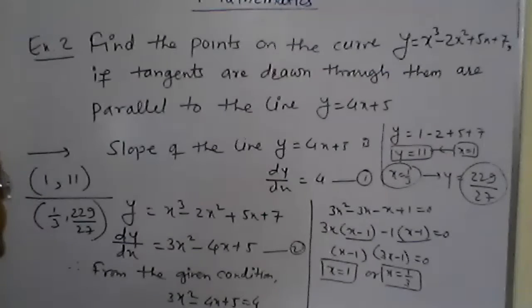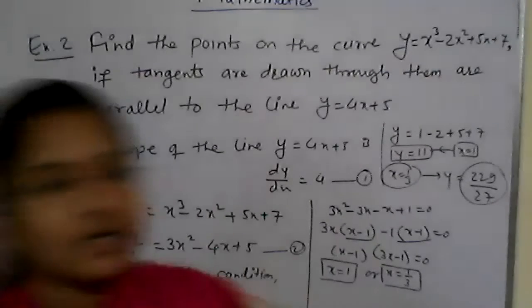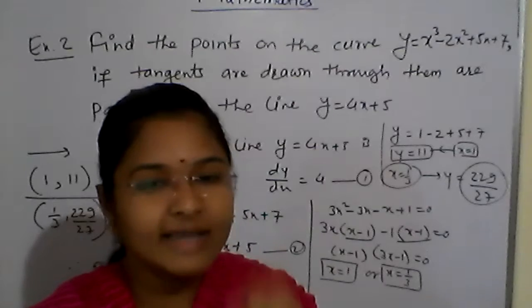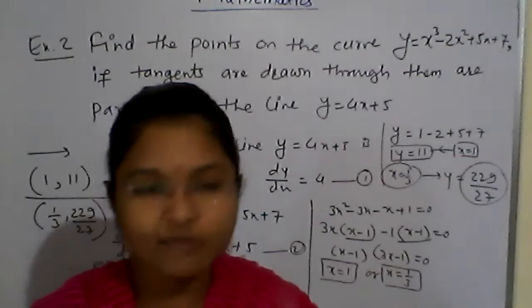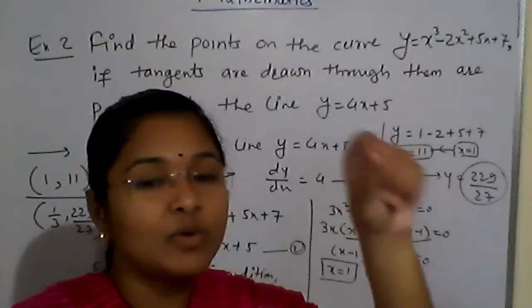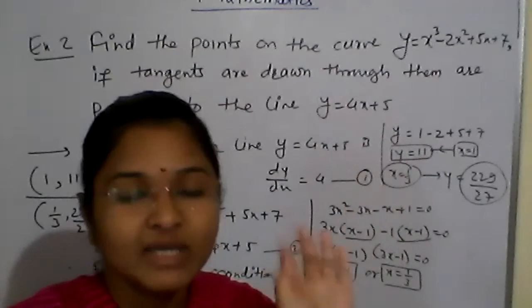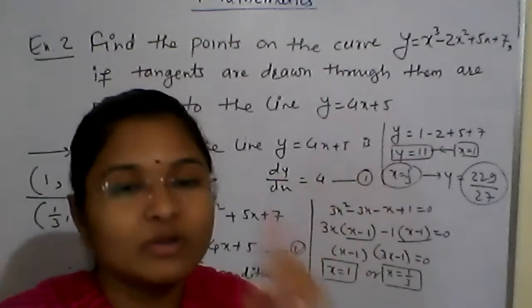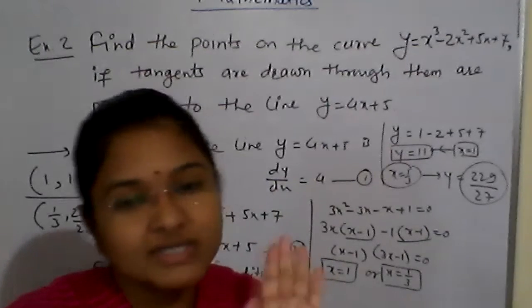Okay. See, in application of derivatives, in tangents and normals, now see the function is set at a point. If for the curve we can draw only one tangent at a point, then only we can say that the given function is differentiable.